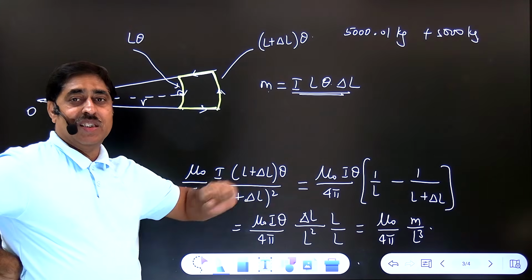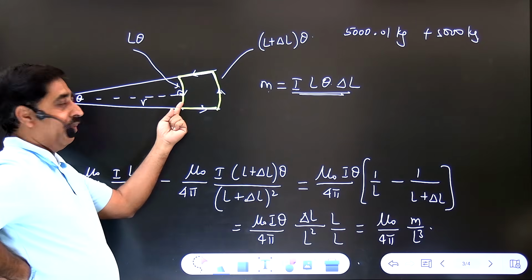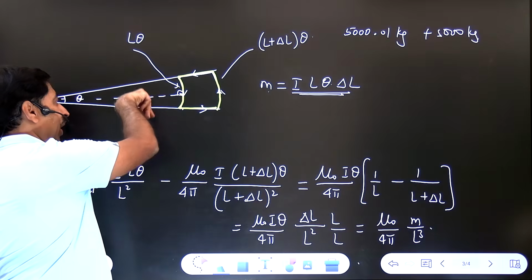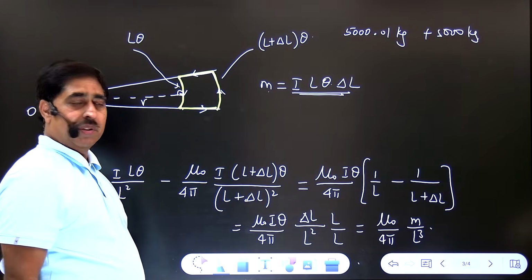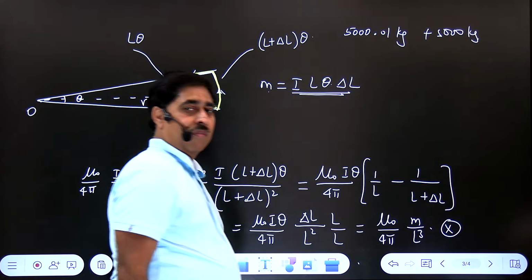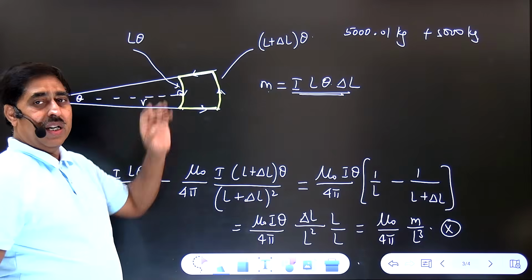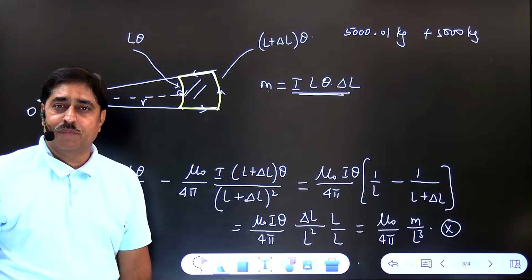But let us first fix the direction. This is magnetic field due to this, which is in inward direction. So our answer has turned out to be positive, which means in this diagram the resultant field is in inward direction. What is the direction of magnetic dipole moment of this loop? Towards you.